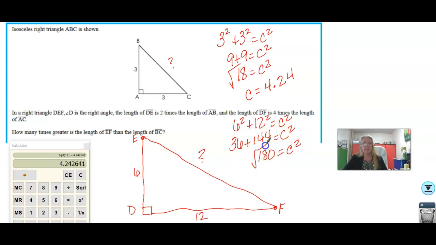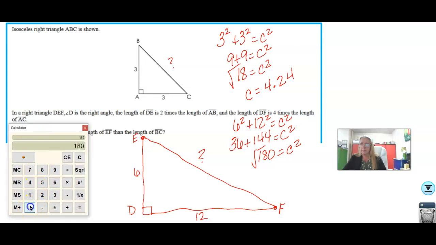And so if we take the square root of 180, we get that c is 13.42.